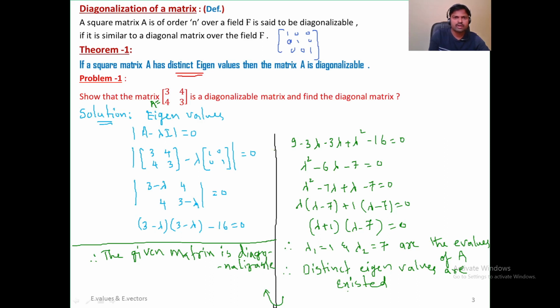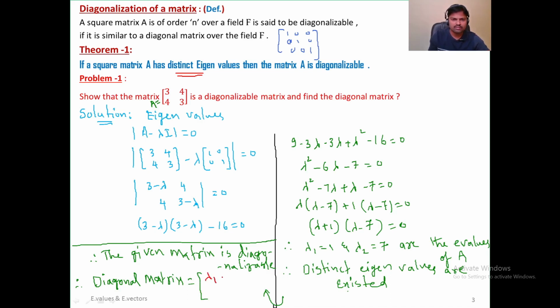Okay, and next question is find the diagonal matrix. So therefore the diagonal matrix is simply the eigenvalues on the diagonal. Eigenvalues should be in the principal diagonal. The diagonal matrix is equal to, so what are the eigenvalues?